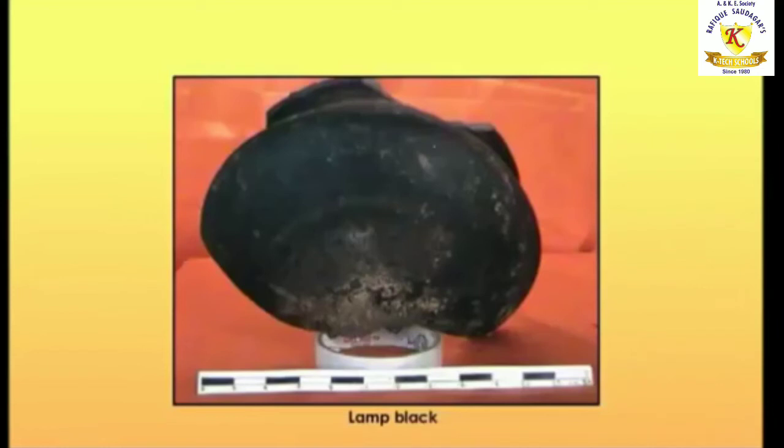Lamp black. Now let's see. On burning substances rich in carbon such as turpentine, oil, etc., lamp black is obtained. Carbon papers, printer's ink, black paint, varnishes, shoe polishes, etc. are manufactured from lamp black.